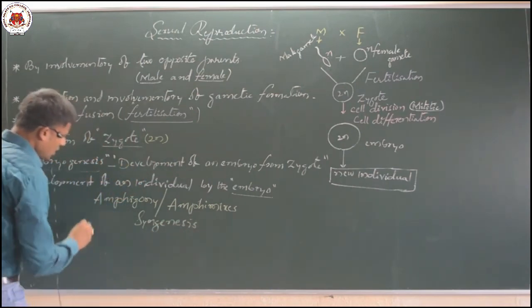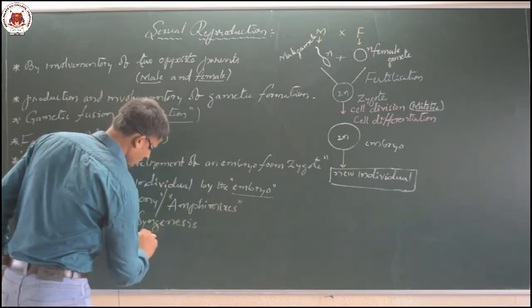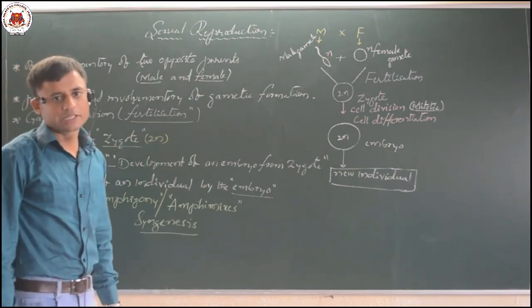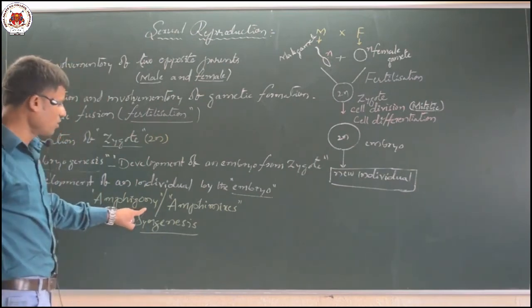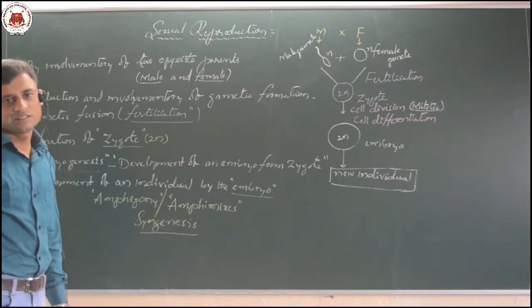So, these are the different names of sexual reproduction: amphigony, amphimixis, and syngenesis.